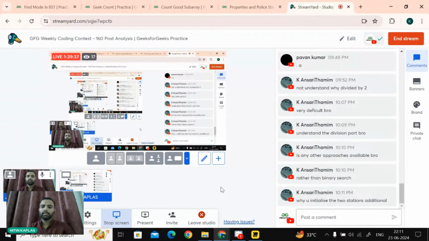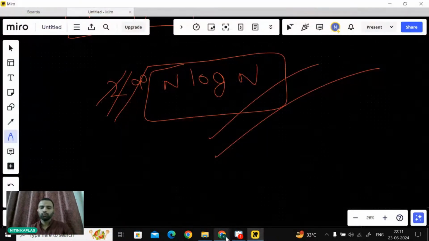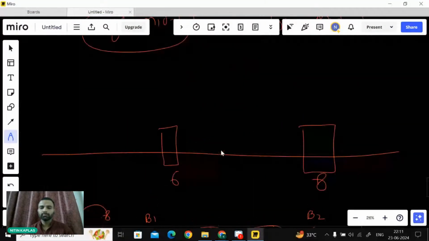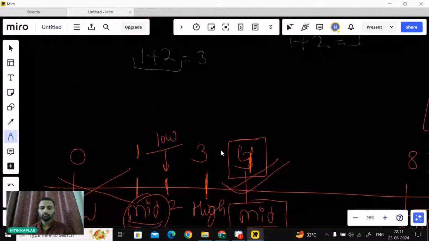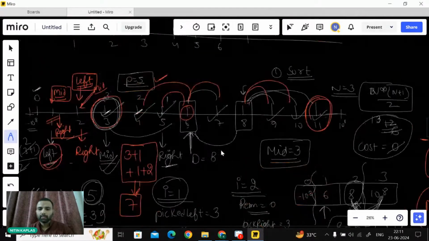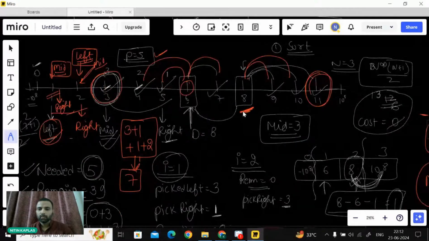We are initializing the two stations because if you see in this case, when I equal to 2, when I am at this part, I want the distance between these two values.